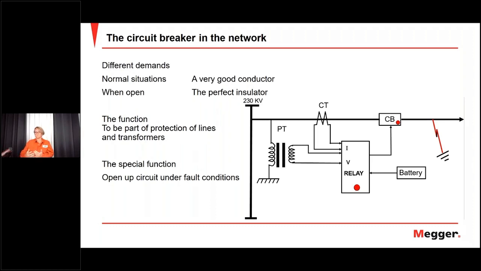So if you test your relays and they say it's an overcurrent or a fault, the circuit breaker should be able to open. If you don't test your circuit breaker and it's not opening, what's the point of testing your relay? So you have to make sure the whole system is working to have proper protection.